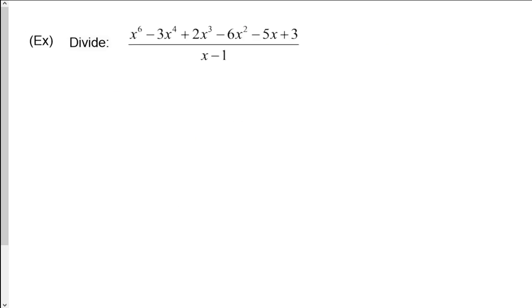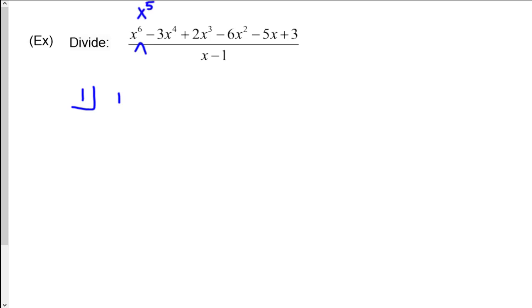All right, another example, a little bit larger polynomial. So the denominator is x minus 1, so that means I'm going to use a positive 1 over here in the corner. And then I have x to the 6th power, its coefficient is 1. Now, it always assumes that you have descending powers of x. If you'll notice, I don't have an x to the 5th power.